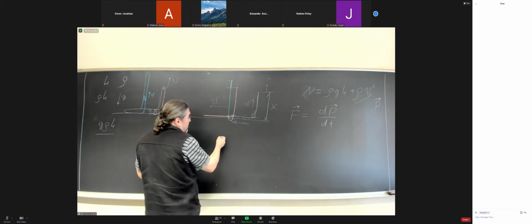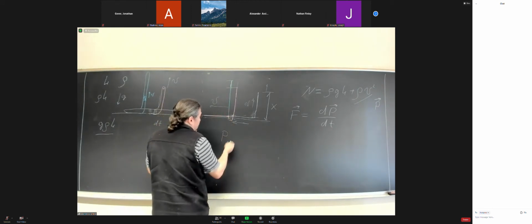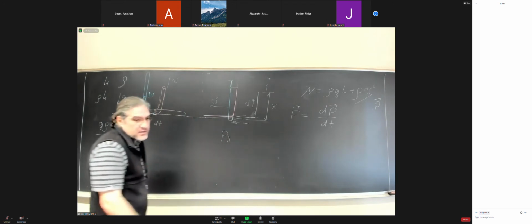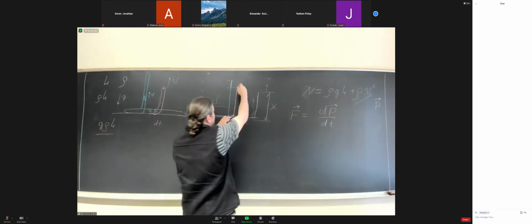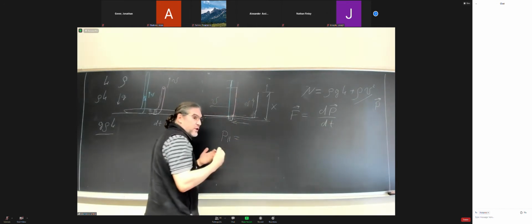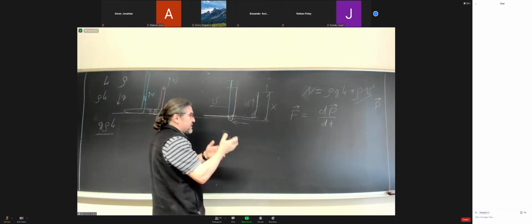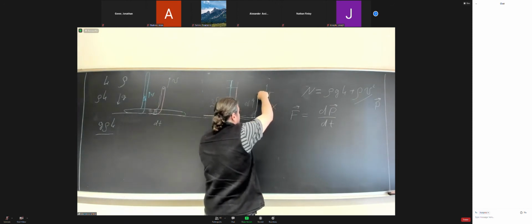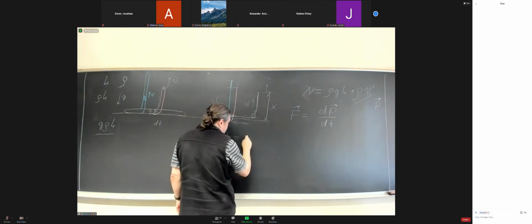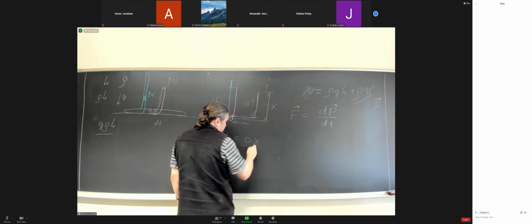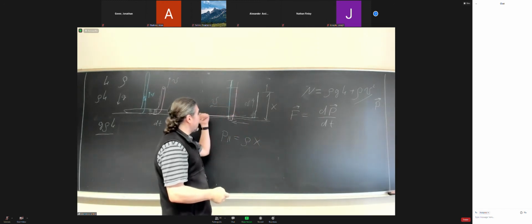So let's now see what our momentum parallel to the table is. The momentum parallel to the table, again, the mass at any specific moment of time is the mass of that upraised length, which is rho x, times the parallel velocity, but it's v.